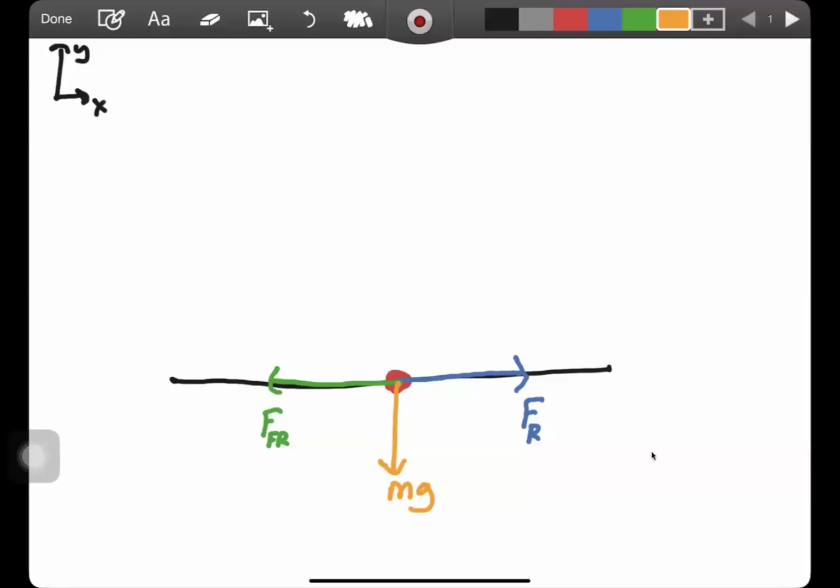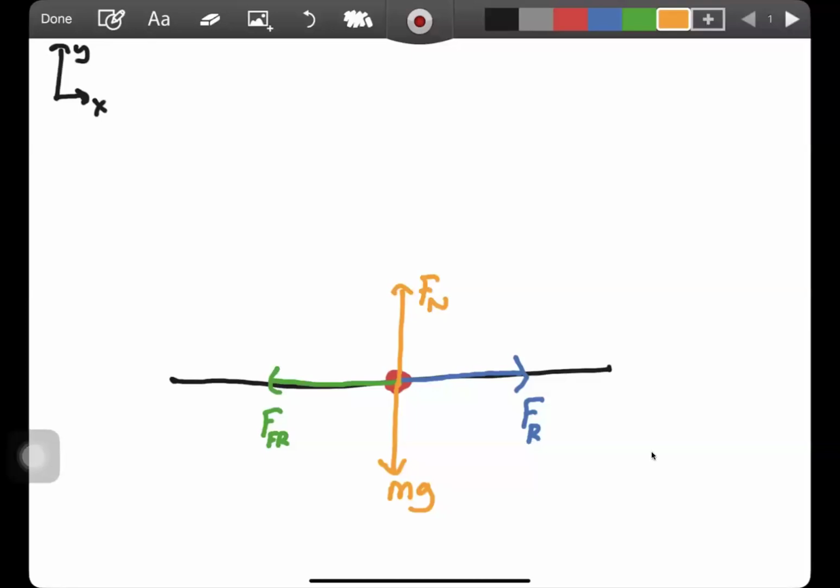The ground is going to push back up. This is an action reaction pair. So imagine the action is that this object presses against the ground with mg, and the ground presses back up, and we call that the normal force.